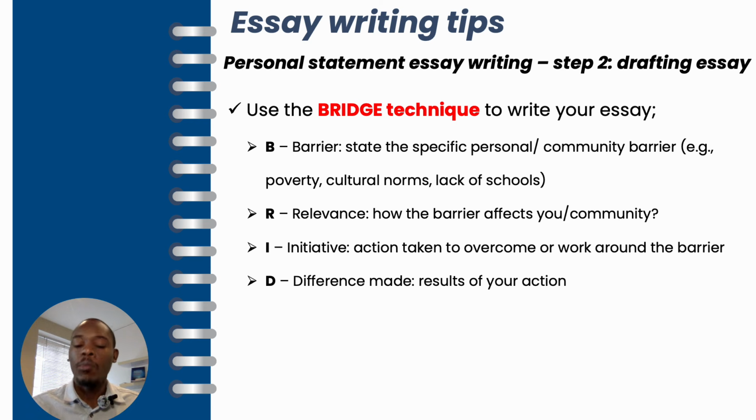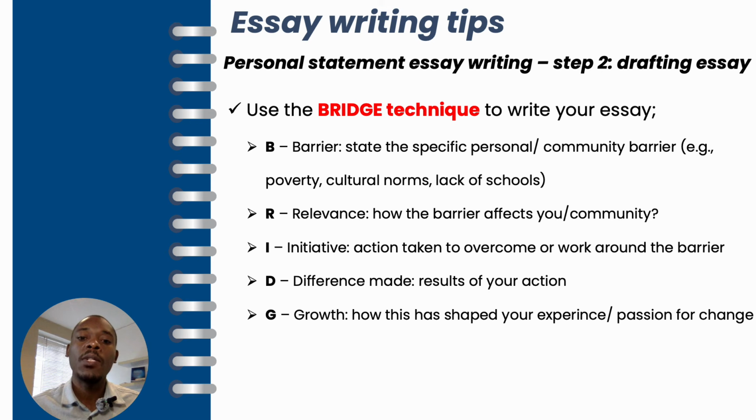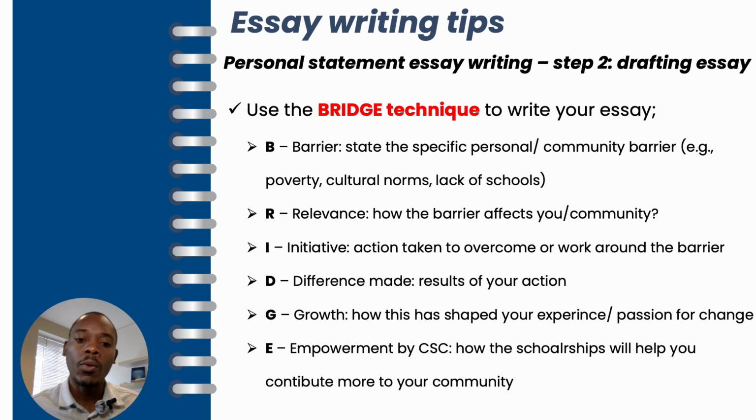And then bring out the difference that you've made. What are the results after overcoming that barrier? What results have you achieved, and what have you learned? What is the growth? What have you learned from that experience of overcoming that barrier, or the passion that you have in changing the barrier that exists in the community? If you are writing about a barrier in your community and not about your personal barrier.